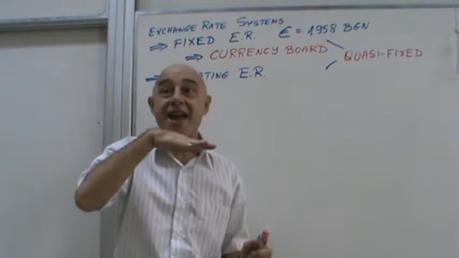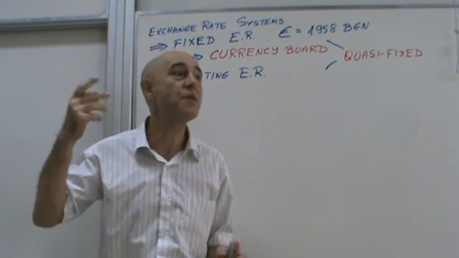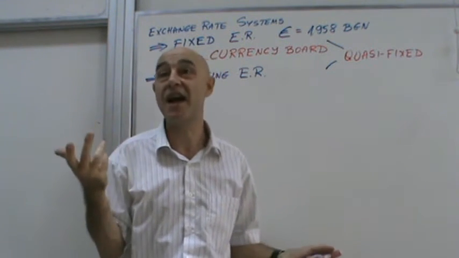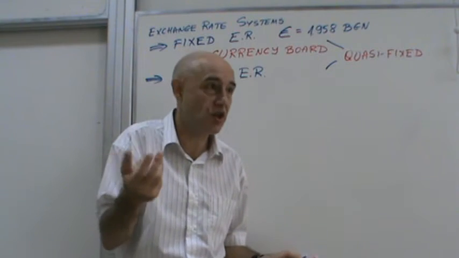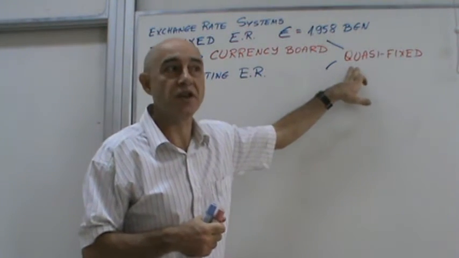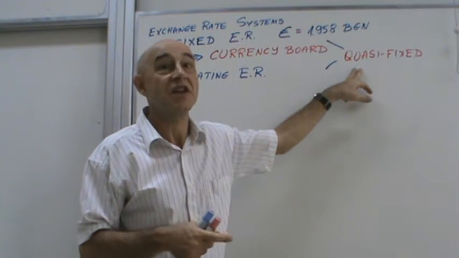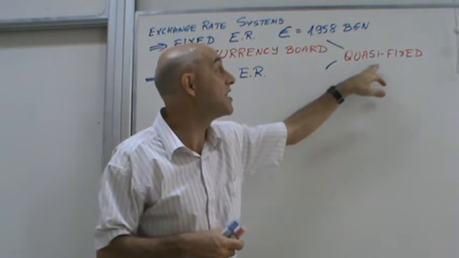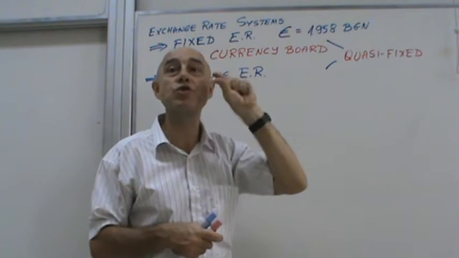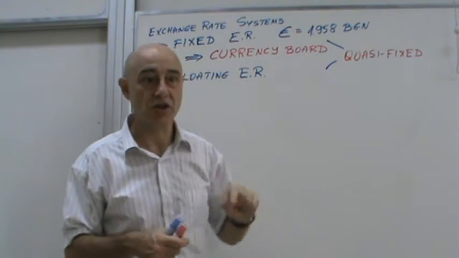Well, it can change just a little bit, but not much, maybe 0.5%, maybe less than 0.5%. It may change 1%, but it changes very slowly and rarely, okay? So for the most part, the government keeps it fixed close to a small range, okay?